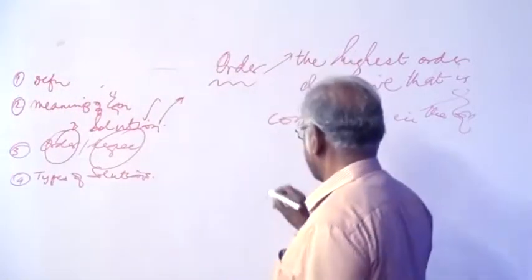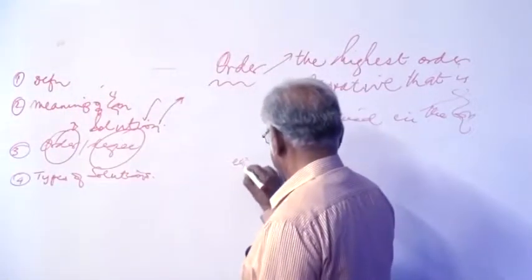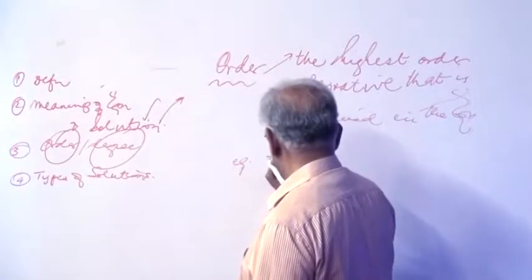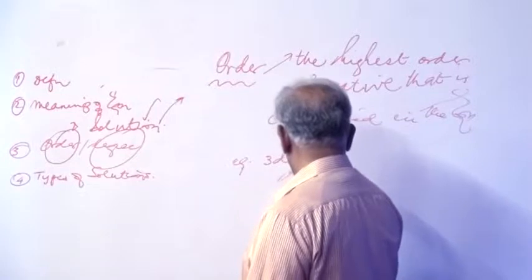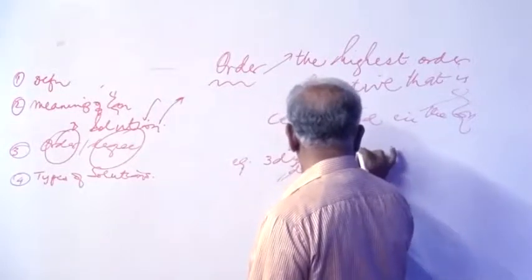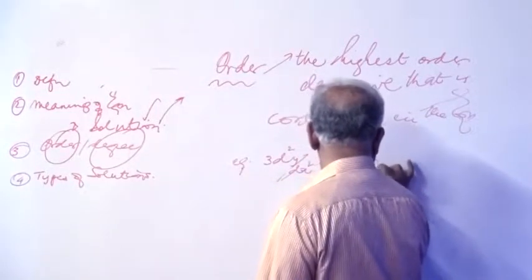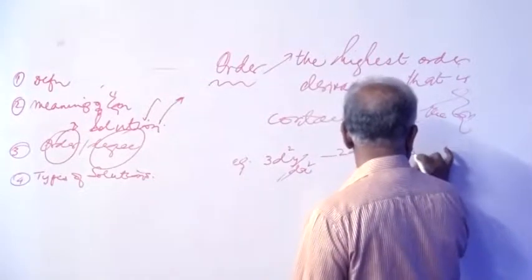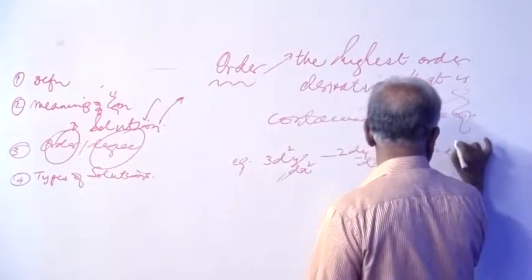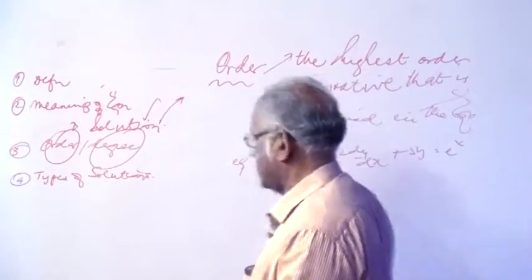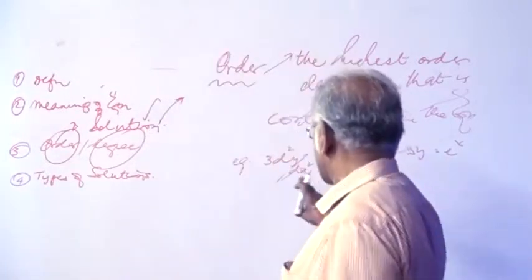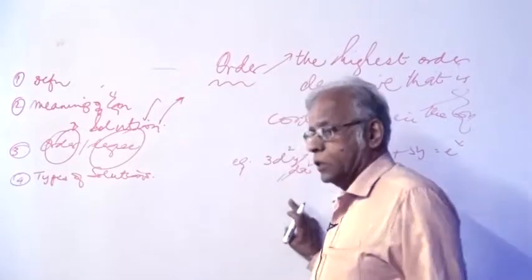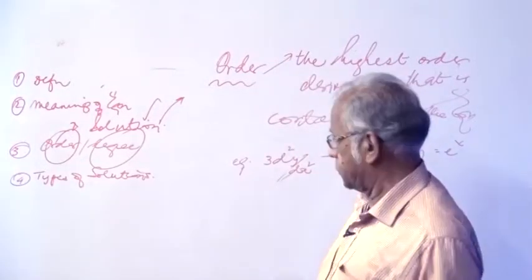For example, let's take this. This is the differential equation. The highest order derivative available is d2i dx2. So this is a second order differential equation.